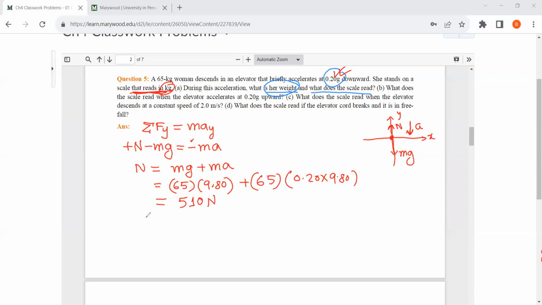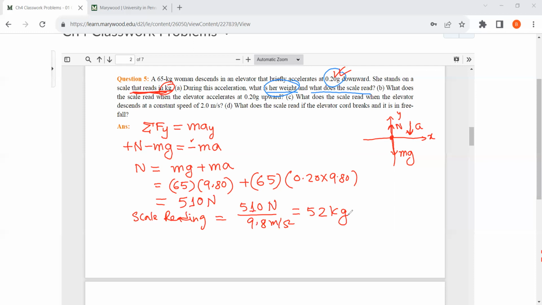So the scale reading will be 510 Newton divided by 9.8 meter per second squared, and that is equal to 52 kilogram. So the scale reading here will be 52 kilogram.